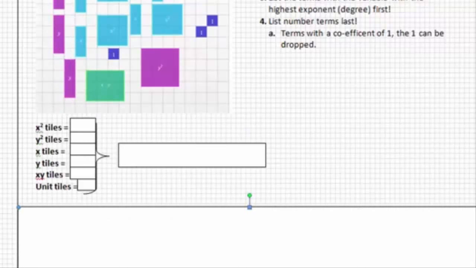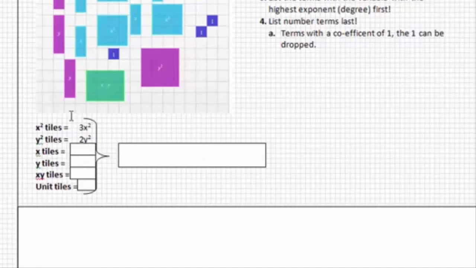So the first thing that caught my eye were the x squared tiles, these blue squares, or light blue squares, and it looks like I have 3 of those, so I wrote it as 3x squared. Then I listed out how many y squared tiles I have, these purple square ones, and I had 2 of those, so that's 2y squared.